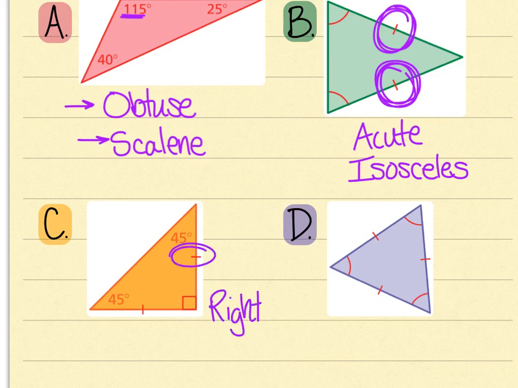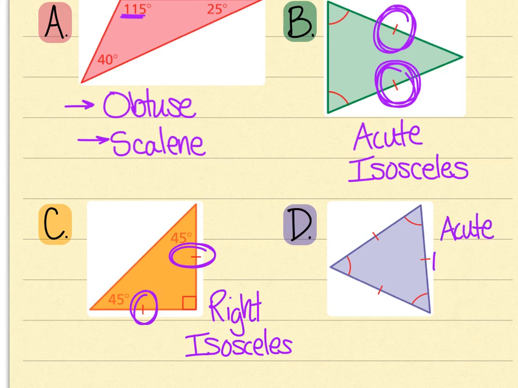Two of the sides are equal again, so we know from our previous problem that it's got to be isosceles. So right isosceles triangle. And for the last one here, all three angles are acute, and all three angles are also equal. So you could say that this is acute, or you could say it's equiangular. I think I can fit this on here.